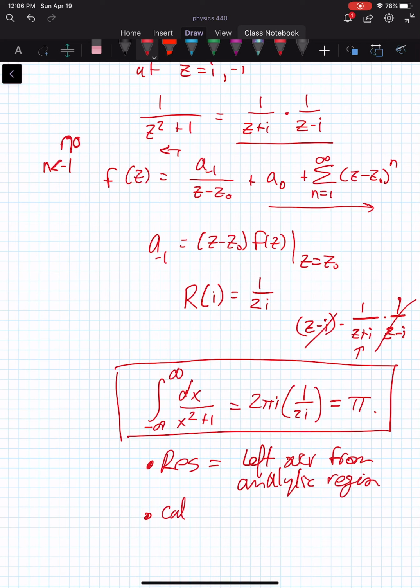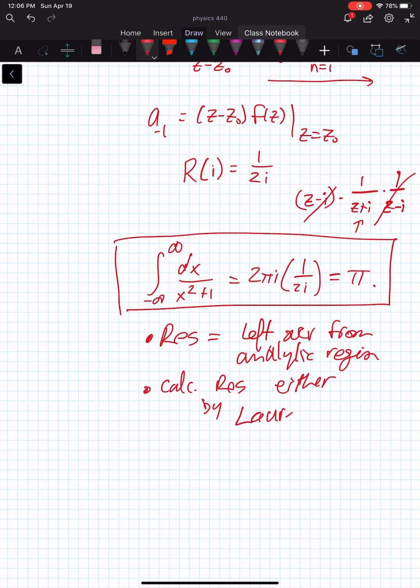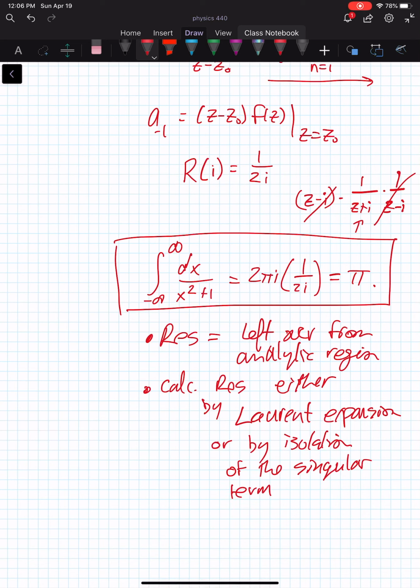And you can calculate the residues either by Laurent expansion terms, or by isolation of the singular term, z minus z naught. This is for a simple pole. For higher order poles, we have to take higher order powers of z minus z naught, but for now we're going to focus on simple poles.